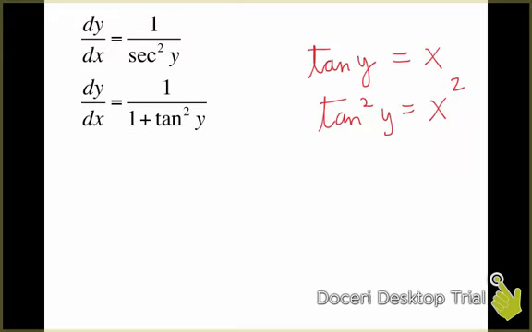So we're going to plug x squared in now for tan squared. And you end up with the final result. Dy dx equals 1 over 1 plus x squared. So that is the derivative: if y equals arctan x, then the derivative is 1 over 1 plus x squared.